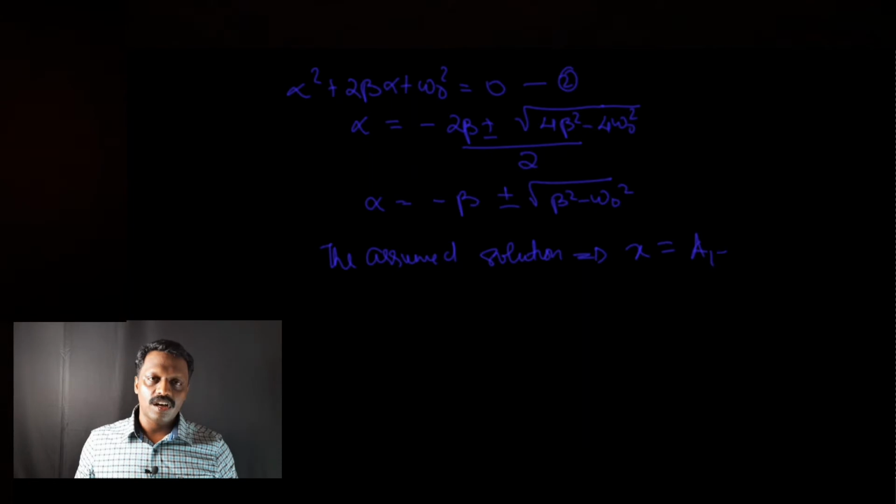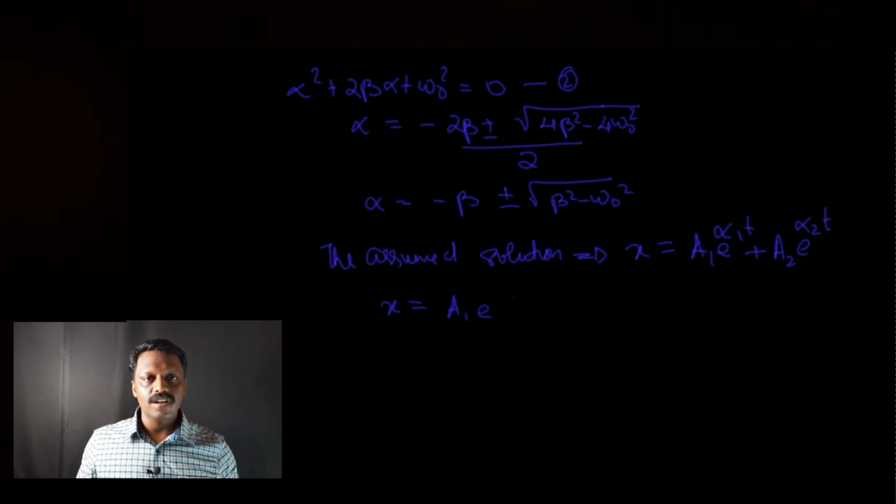Since alpha has two values, as there is a plus or minus term in the solution, the assumed solution x is equal to A e raised to alpha t is modified as x is equal to a1 e raised to alpha 1 t plus a2 e raised to alpha 2 t. Now this becomes our assumed solution. Since we are doing the trial and error method, we found that alpha has two values, so we modified the assumed solution.